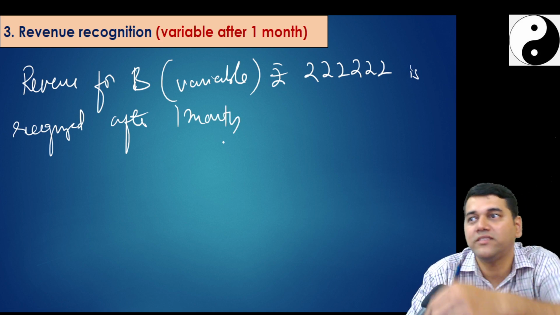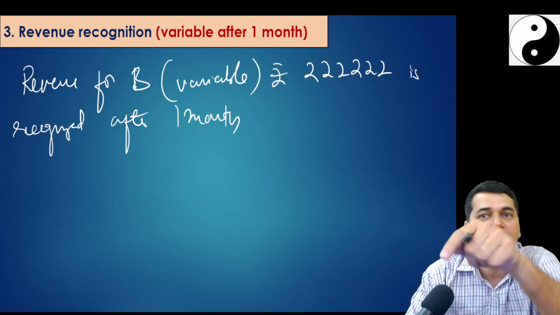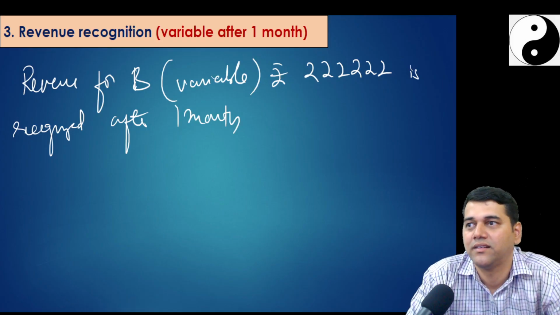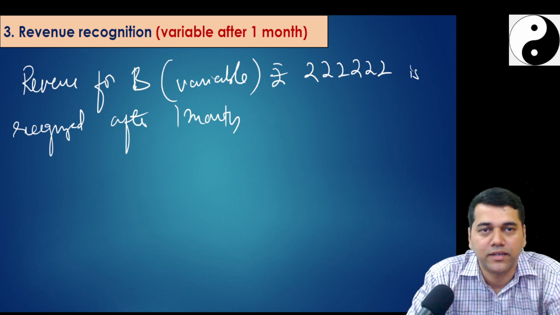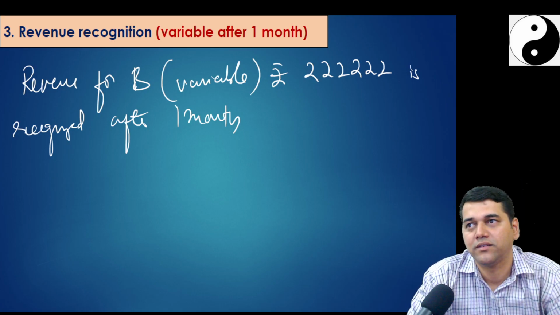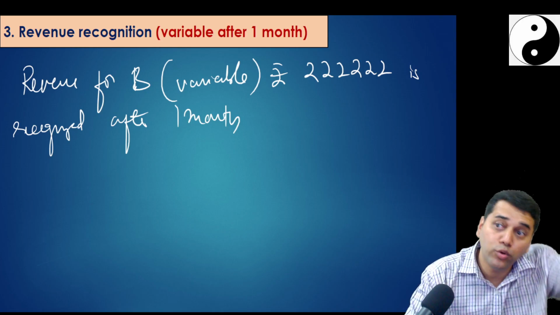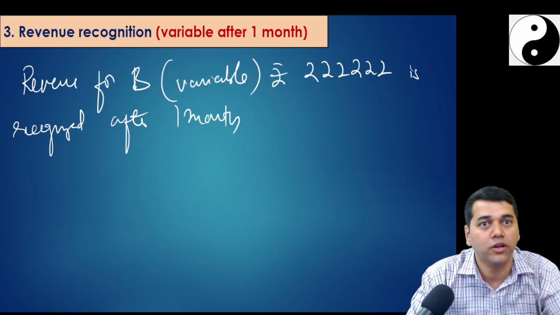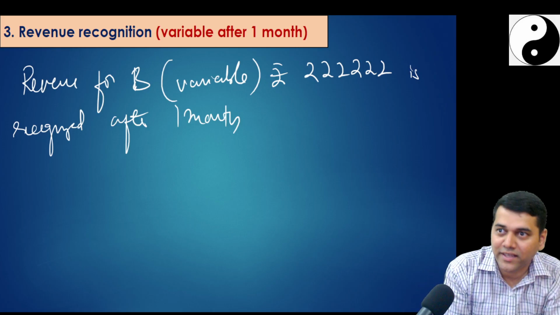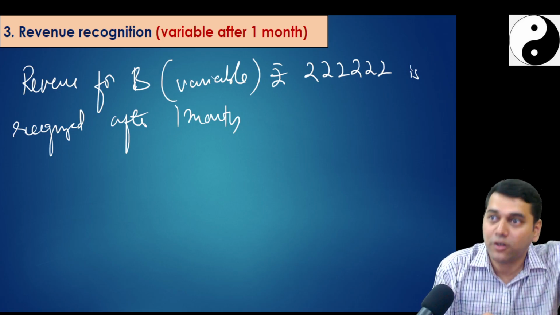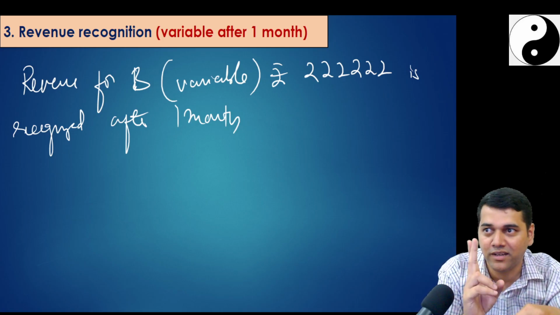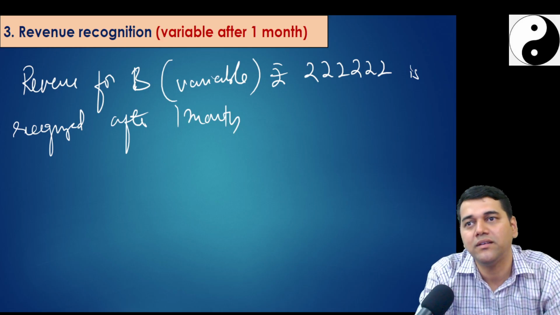Yes. Why? Because the license is already transferred. This is the later event. For A also, can I recognize at the end of the first month? No, I can do it only at the end of the 3rd month, because you have got the sale through some other contract, the 2% extra, but the transfer didn't happen.